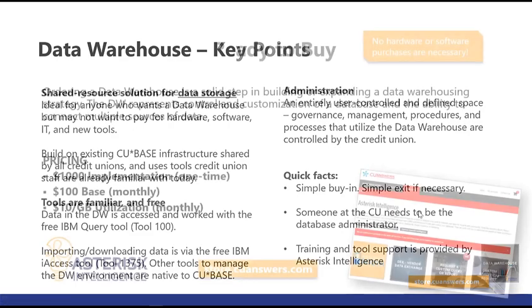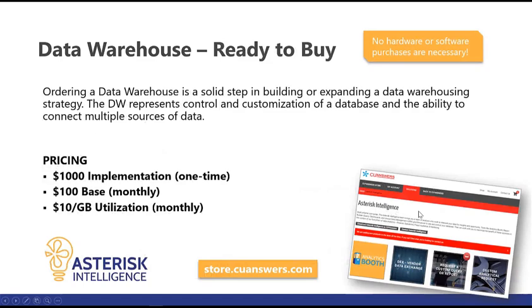Okay, so when we talk about the space that you use, there's a cost involved, and that's the third price on the pricing list here, $10 per gigabyte per month. That flexes up and down if you are using less or more space. Automatically, our billing process is smart enough to recognize that.